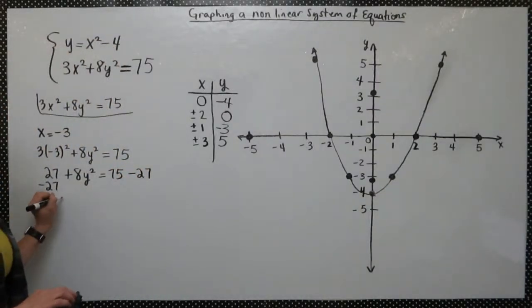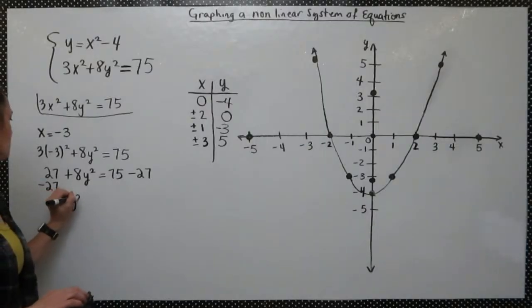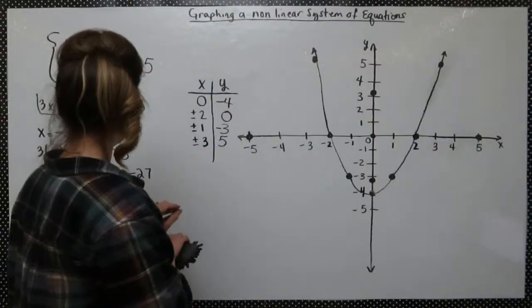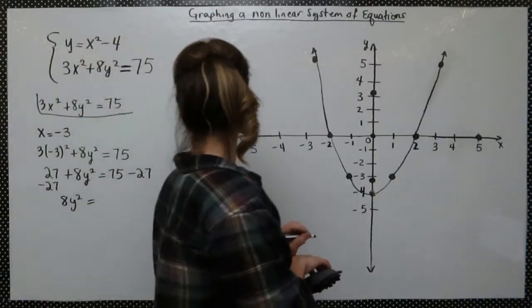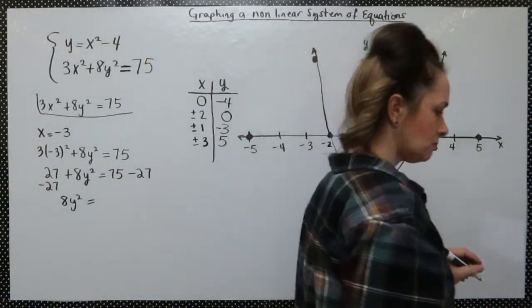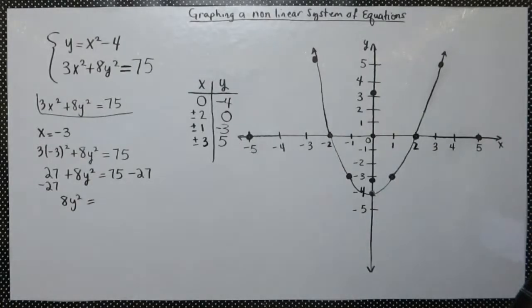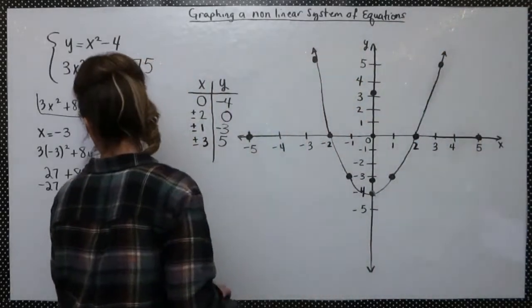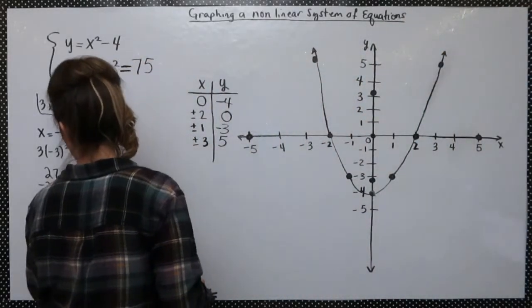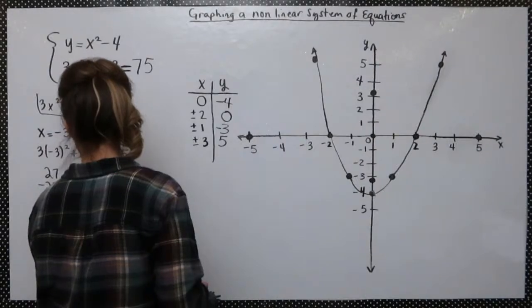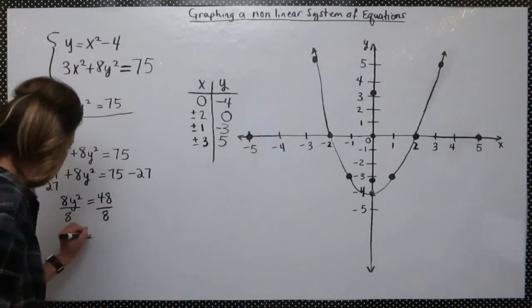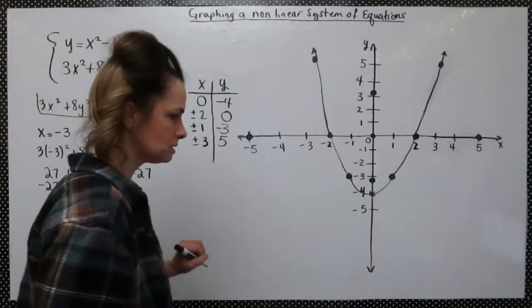That goes to 0, and we're left with 8y squared equals 75 minus 27, which is 48. I was way off. I double checked: 48. Then divided by 8, 48 divided by 8 is 6. So y squared equals 6.